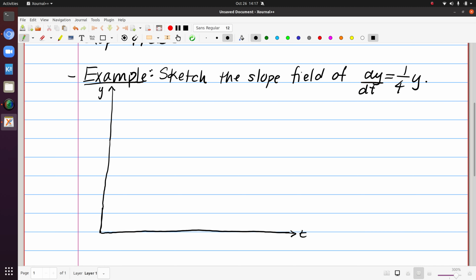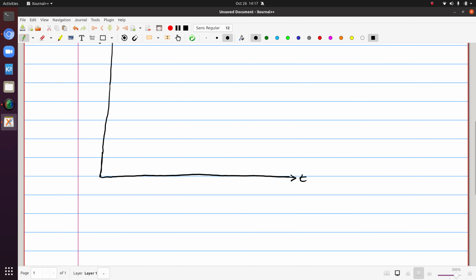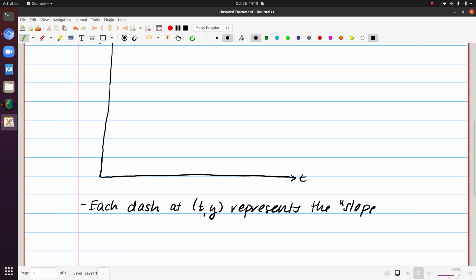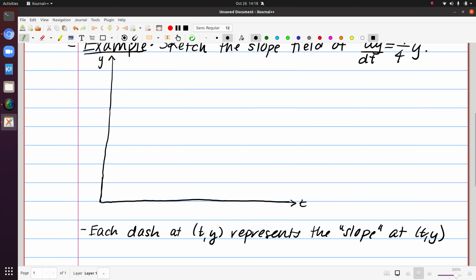Instead, at each point, I'll sketch a dash, and each dash at the point t, y represents the slope at the point t, y. And again, by slope, I mean the slope of the tangent line.